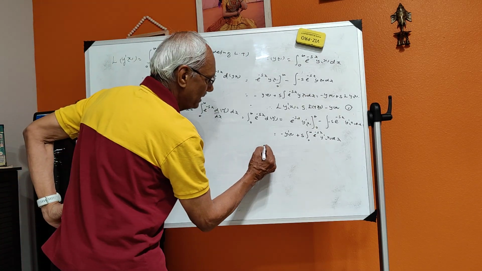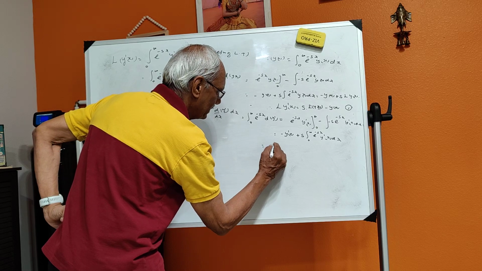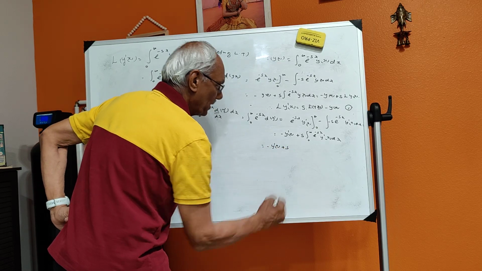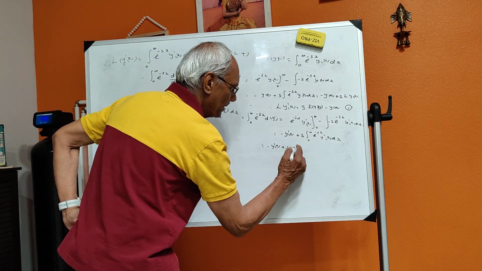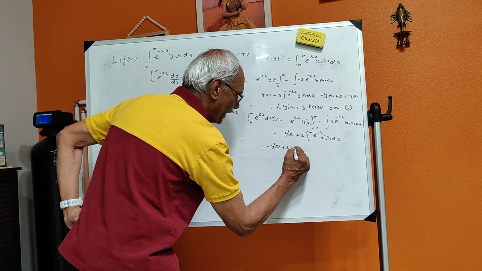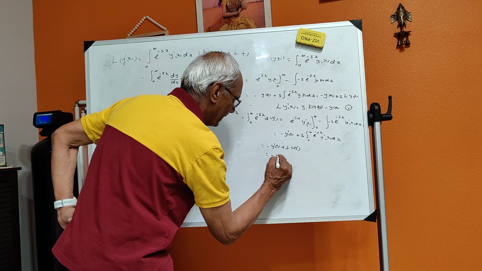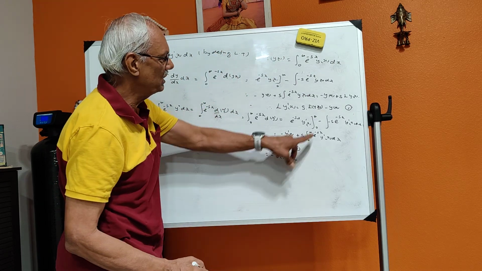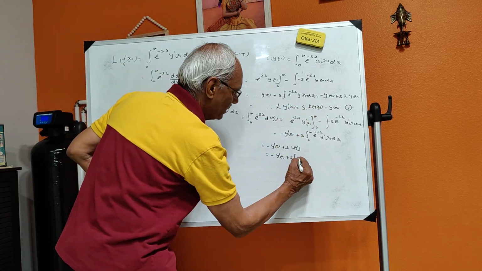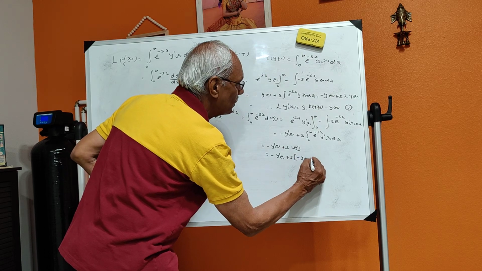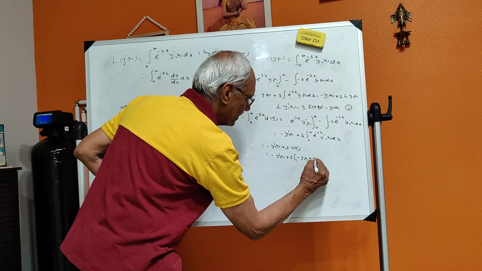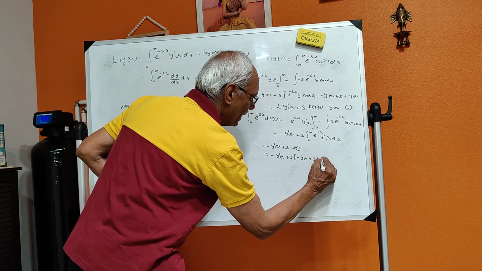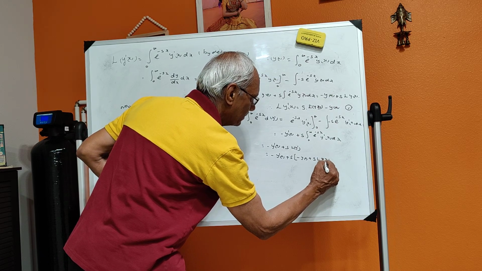So I can write in this place minus y dash of 0 plus s into L of y dash. But that is equal to minus y dash of 0 plus s into, using a, you have got the value of this: minus y of 0 plus s into L of y of x.